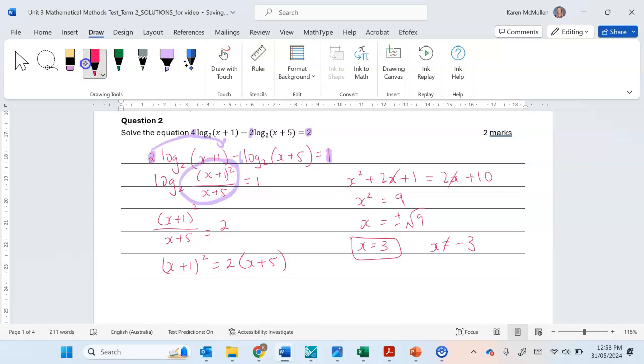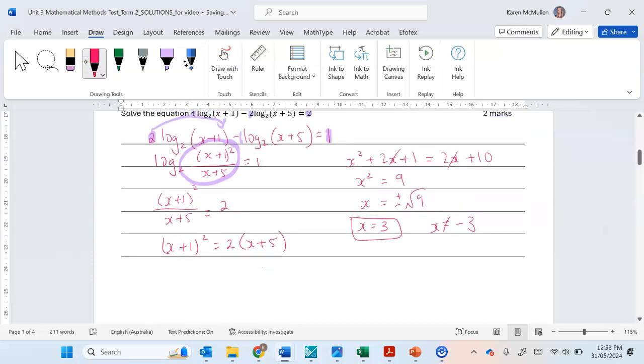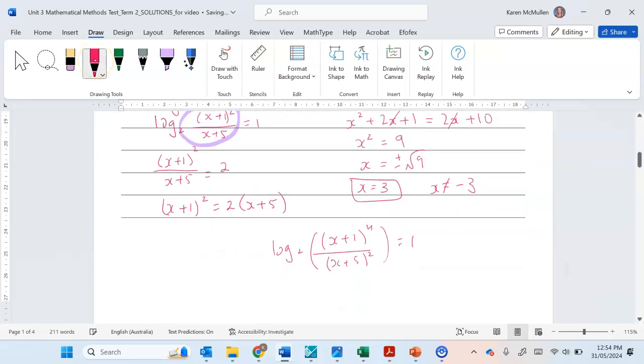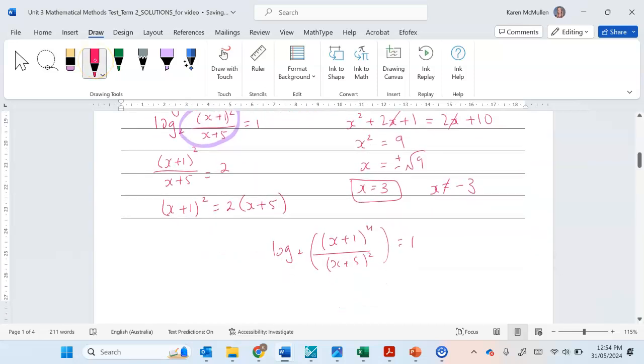Now, if you didn't simplify by taking out that common factor of 2, you probably ended up with x plus 1 to the power of 4 over x plus 5 to the power of 2, and we had log base 2 of that, and then 1. I'm just going on a little tangent for a sec. Now, to get rid of log base 2, we take base 2 of both sides.